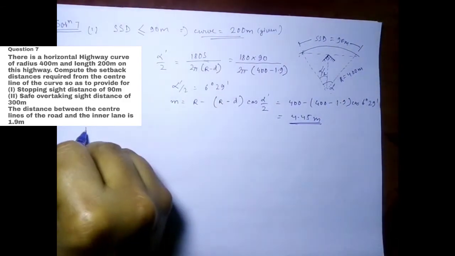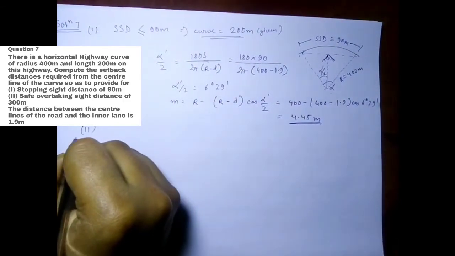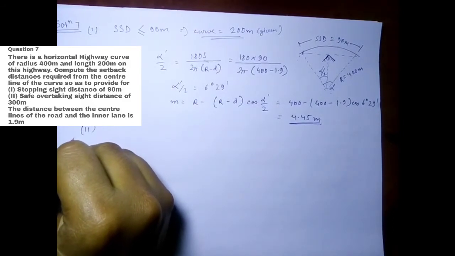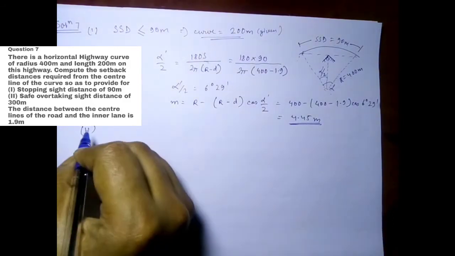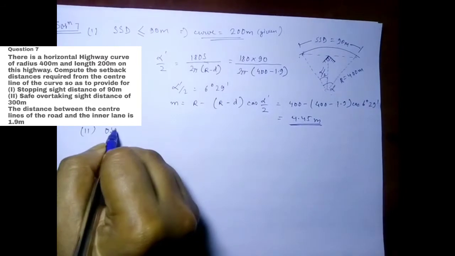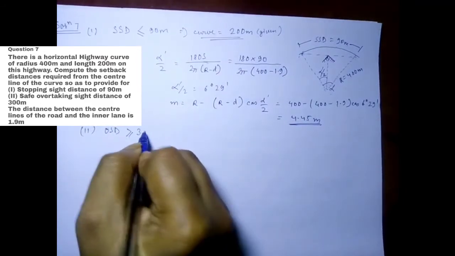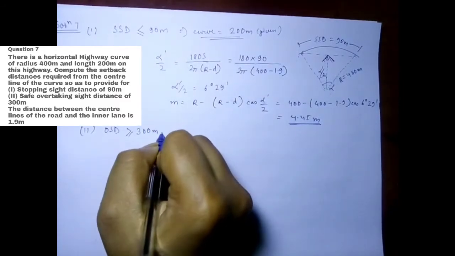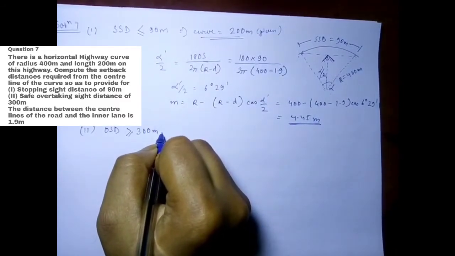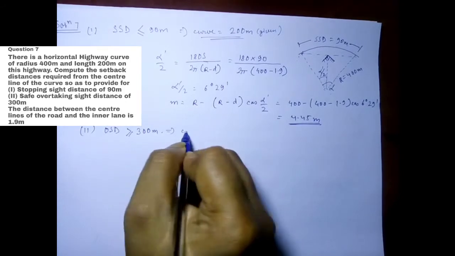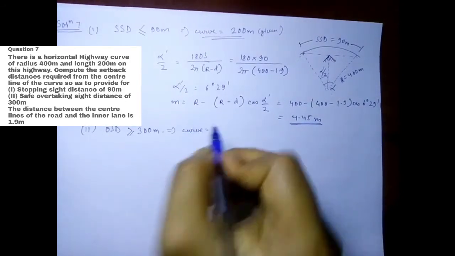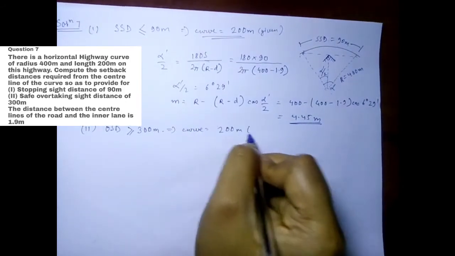The second case is given that OSD is greater than equal to 300 meters and also curve length is equal to 200 meter. It is given.